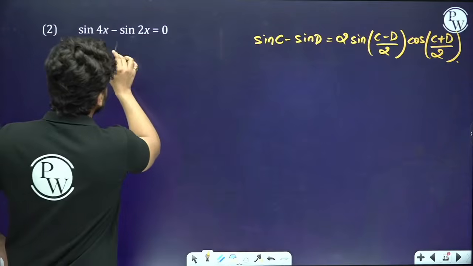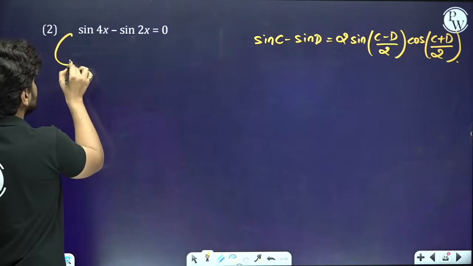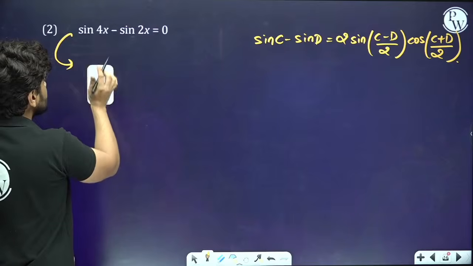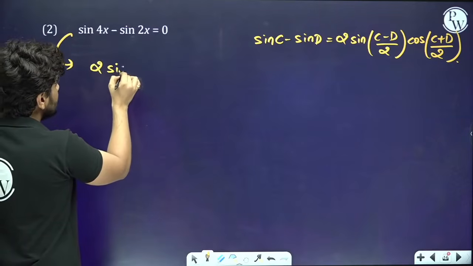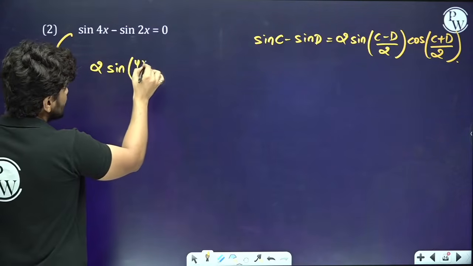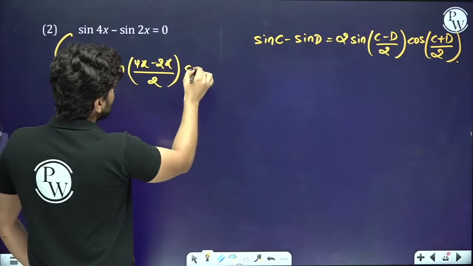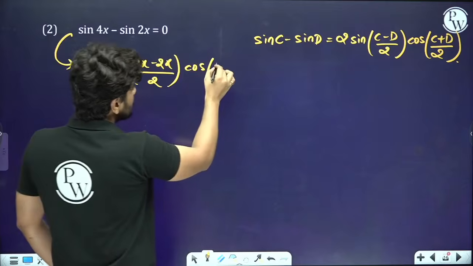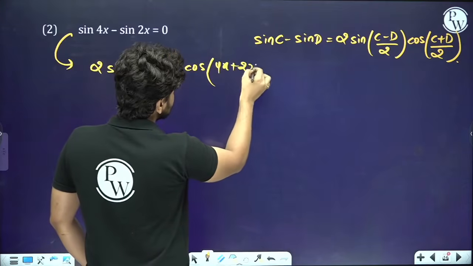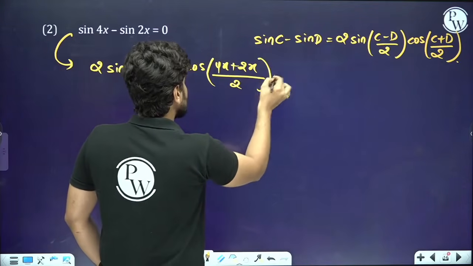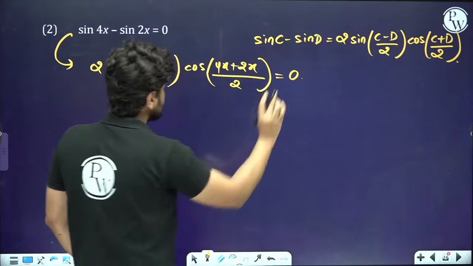So I am applying it over here. Sin 4x minus sin 2x will be, you also apply this formula with me, 2 times sine of 4x minus 2x by 2, which is basically c minus d by 2, multiplied by cos of c plus d by 2, which is 4x plus 2x by 2, is equal to 0.